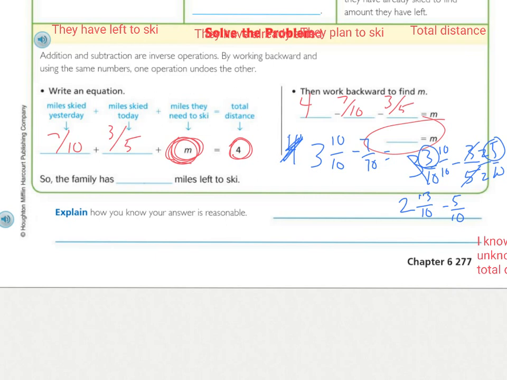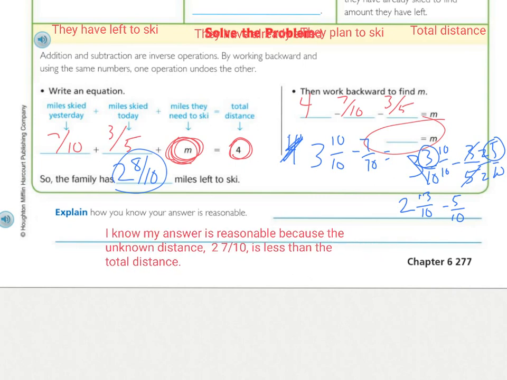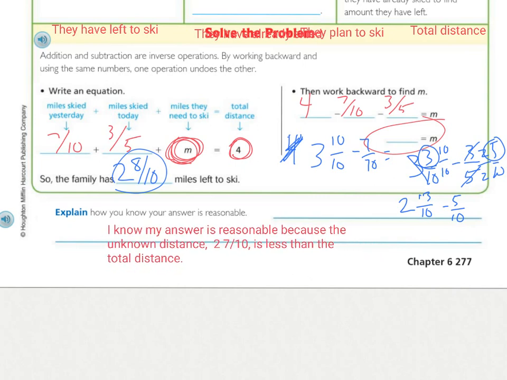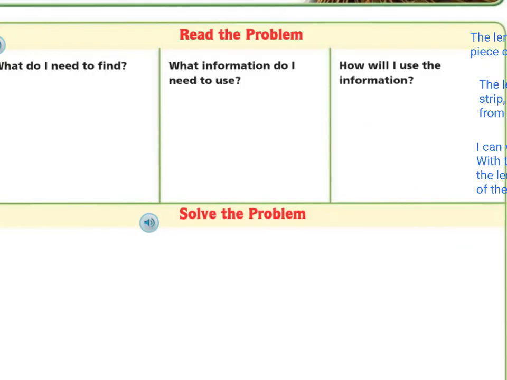So my total answer is going to be 2 and 8/10. So let's explain our reasoning. I know my answer is reasonable because the unknown distance, 2 and 8/10, is less than the total distance.